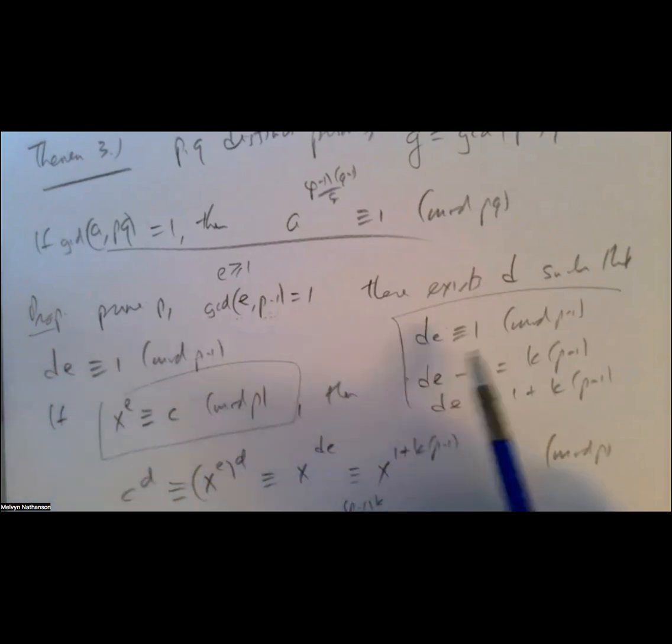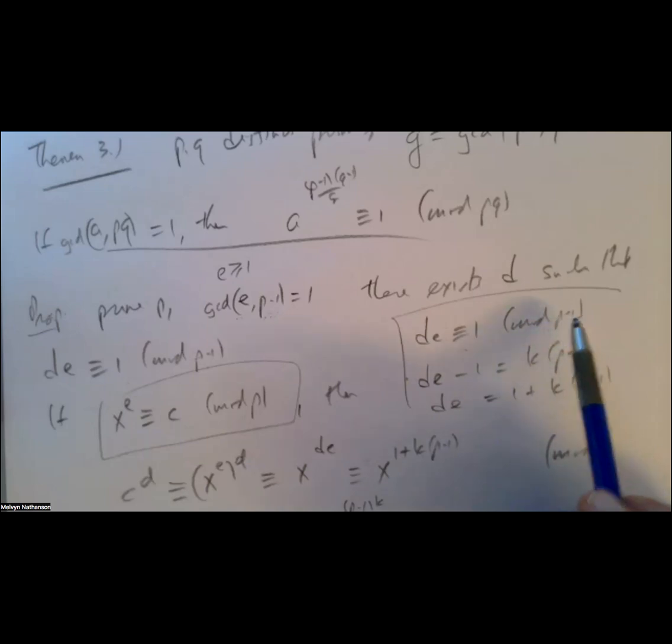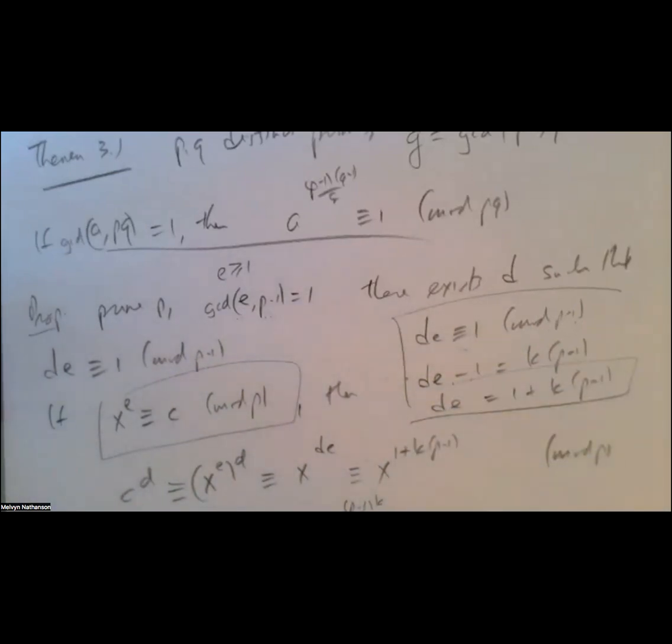So if DE is congruent to 1 mod P minus 1, that means DE minus 1 is a multiple of P minus 1. P minus 1 divides this. So DE is 1 plus K times P minus 1.